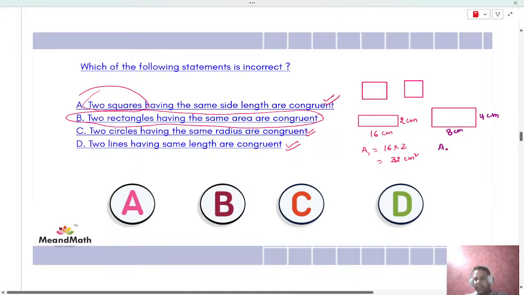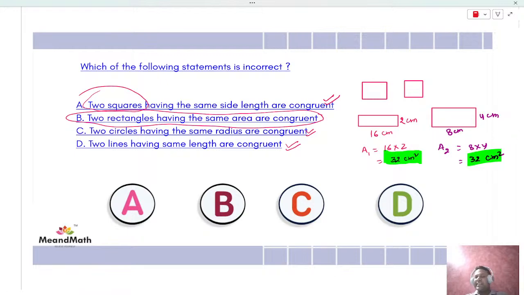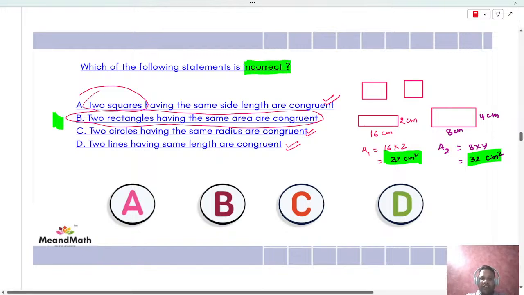So area A2 is equal to 8 into 4, 32 centimeter square. Yes, in both cases the area is the same, but the rectangles are not the same. So option B is incorrect, and the question is about the incorrect one. So our answer is B.